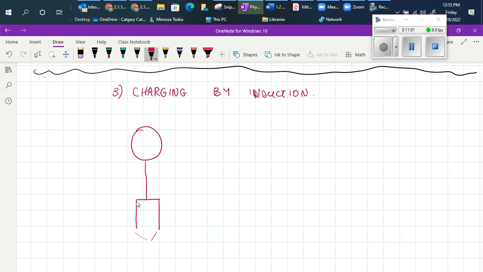Those are very thin gold leaves. When the two gold leaves are parallel to each other, it is an indication that the electroscope is neutral.